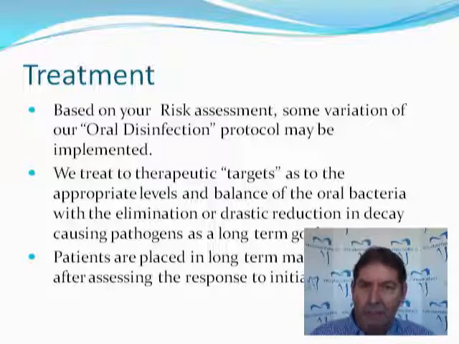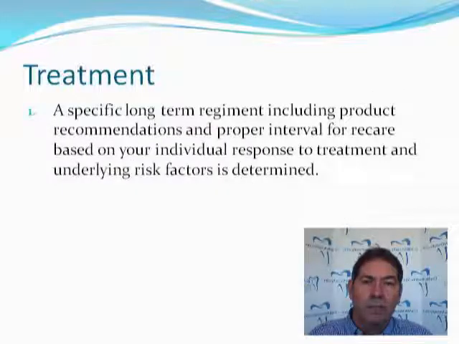We have targets that we treat to, levels on the Caries meter, and also with assessment of bacteria for periodontal disease, we measure that if that's the issue. The important thing is that we have therapeutic targets. Treatment also, it's a specific long-term regimen, including product recommendations and proper interval for recare.